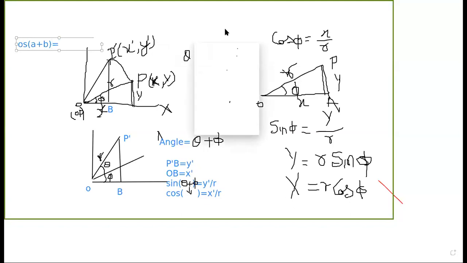Cos A cos B minus sin A sin B. Very good.